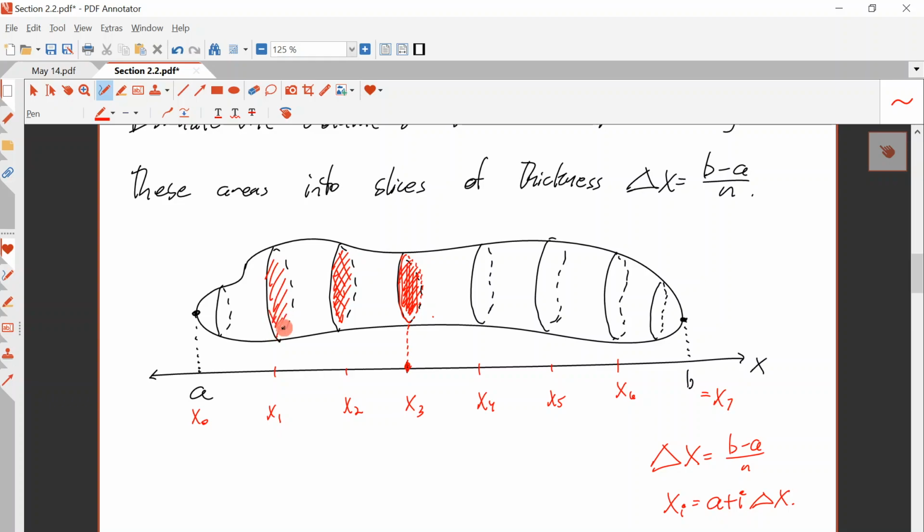So that's the slice at x1, at x2, x3, x4, x6, and x7. And then you thicken that slice into something with thickness delta x, like that. So you get this kind of cylindrical thing, not that it necessarily has to be round.